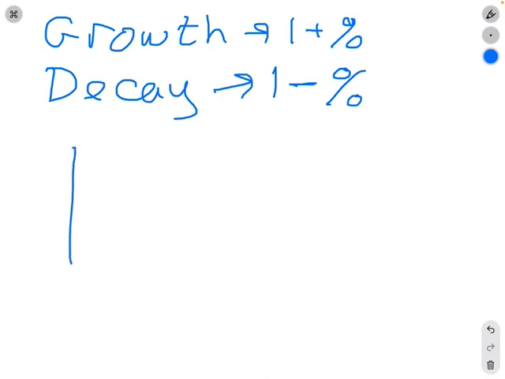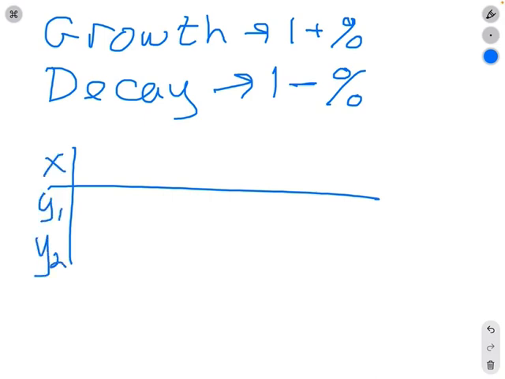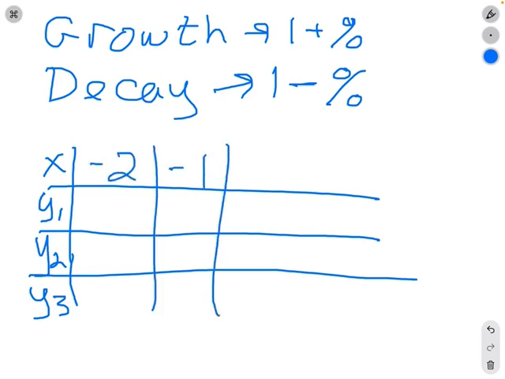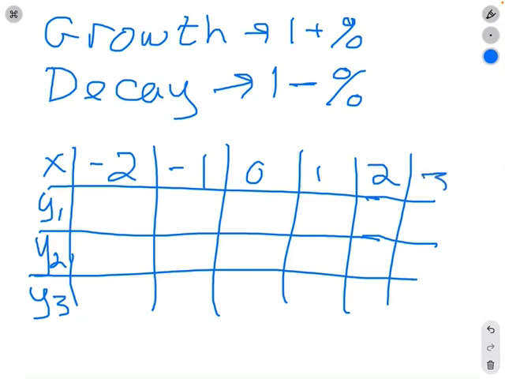So, if we have x, we have y1, we have y2. We'll do another one, y3, just for good measure. Okay, so x is, let's do -2, -1, 0, 1, 2, 3.